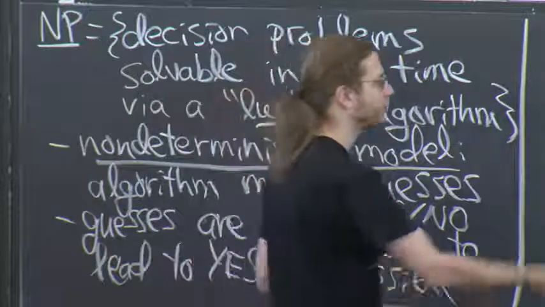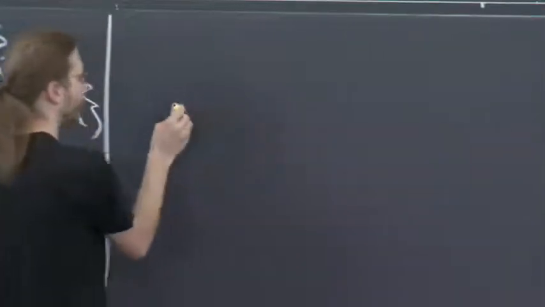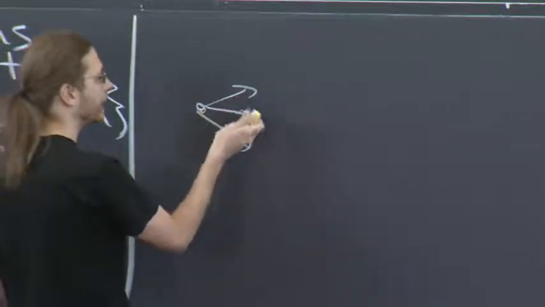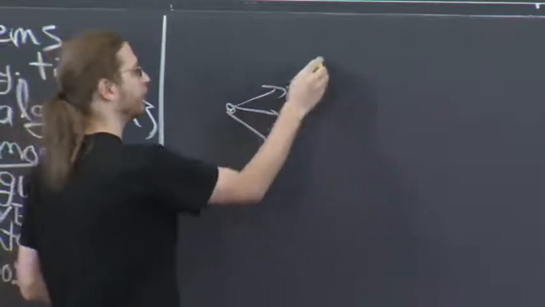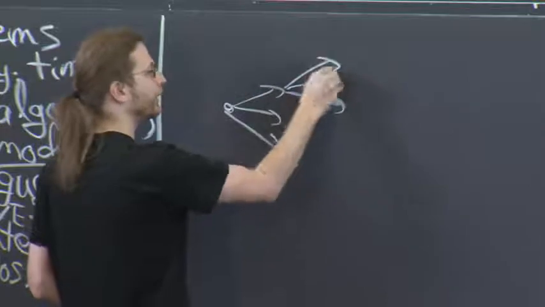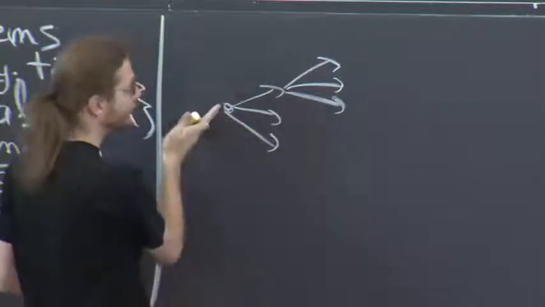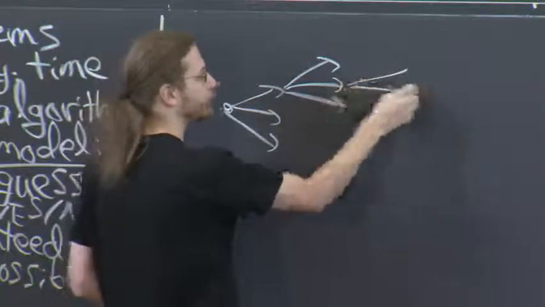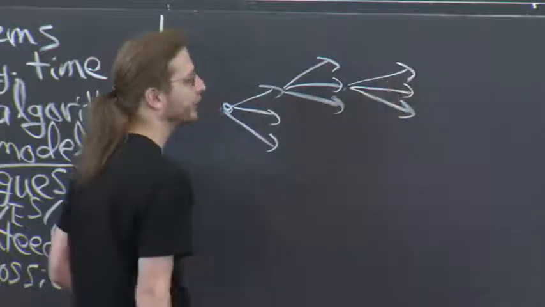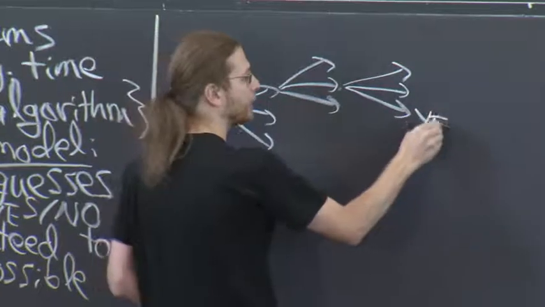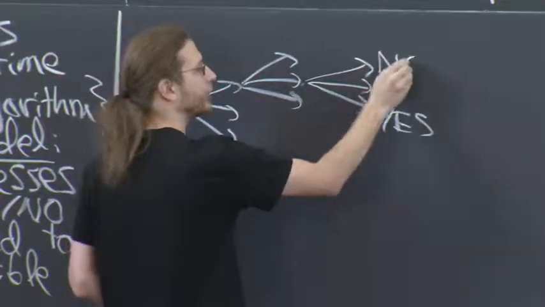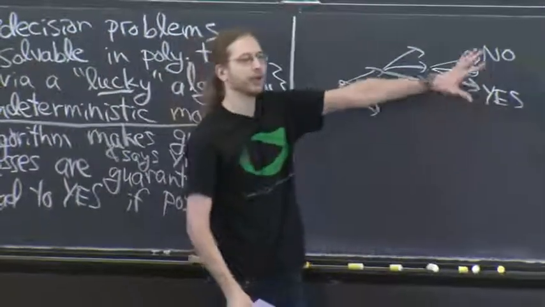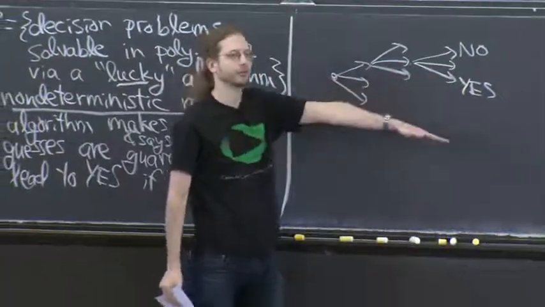So if you imagine the space of executions of this program, you start here, and you make some guess. You don't know which way to go. In dynamic programming, we try all of them. But this algorithm doesn't try all of them. It's like a branching universe model of the universe. So you make some choice, and then you make some other choice, and then some other choice. All of these are guesses. And some of these things will lead to yes. Some of these things will lead to no. And in this magical model, if there's any yes out there, you will follow a path to a yes.